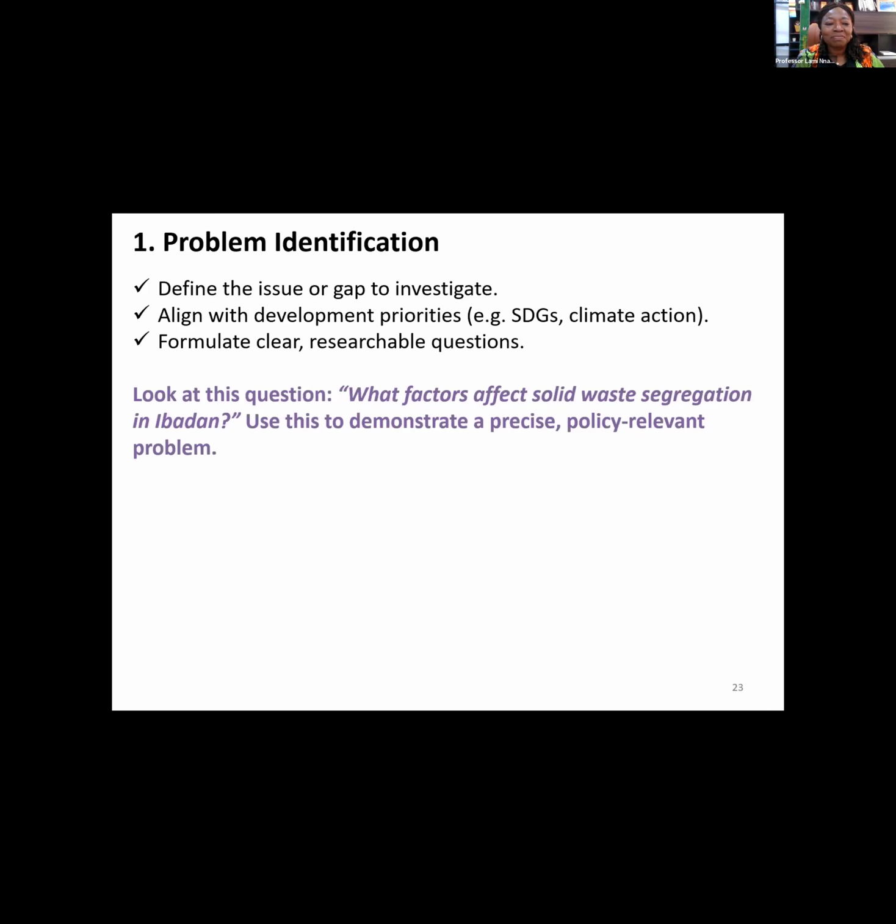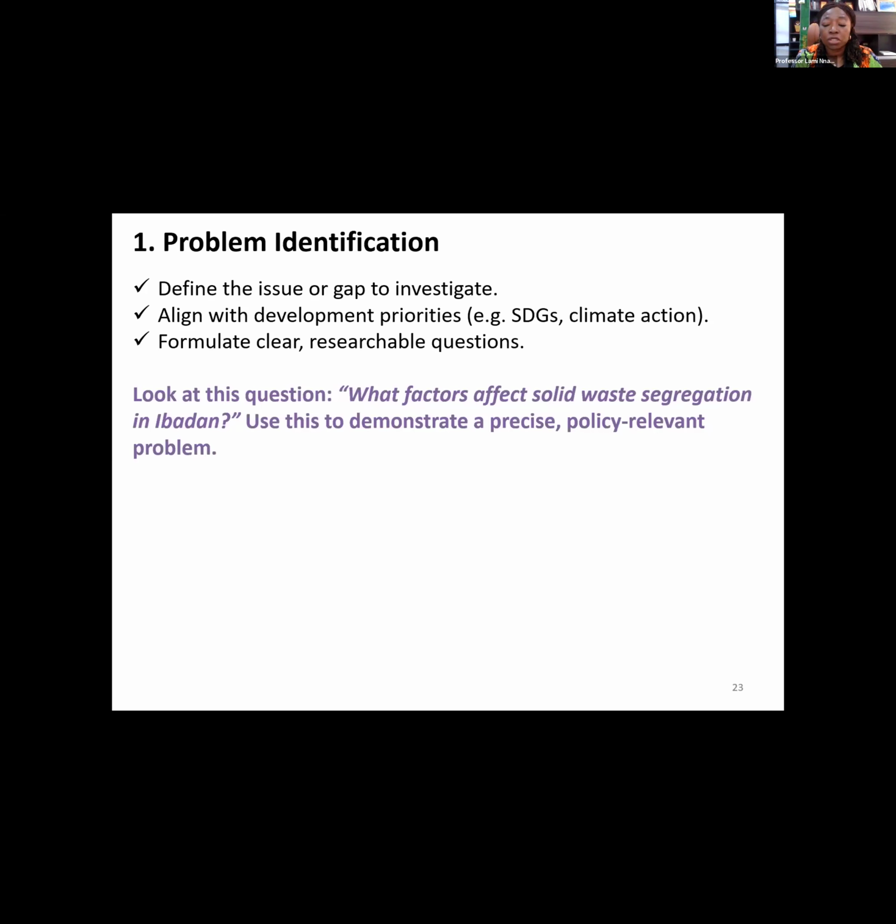displaced. So, for example, if you look at this question, what factors affect solid waste segregation in Ibadan? There's a problem there. You have identified a problem. You want to find out. You want to get these factors that affect solid waste segregation. So you set up your research and go and begin to talk about how you do it.